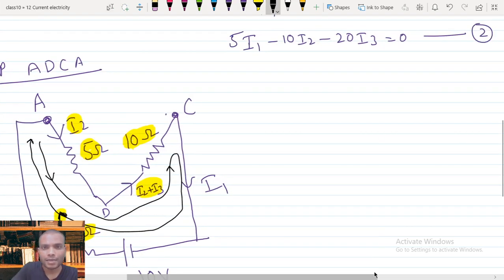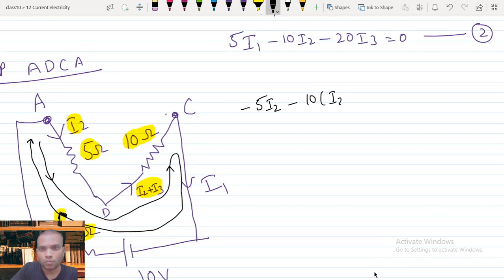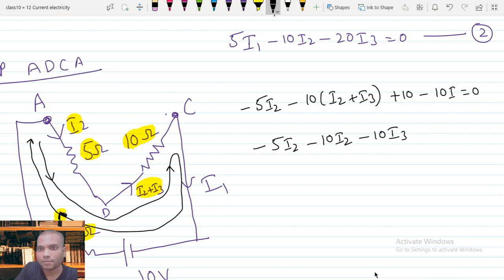So I got minus 5I2 minus 10 of I2 plus I3 plus 10 and minus 10I, which is equal to 0. Let me expand this. Minus 5I2 minus 10I2 minus 10I3 plus 10 minus 10I, which is equal to 0.